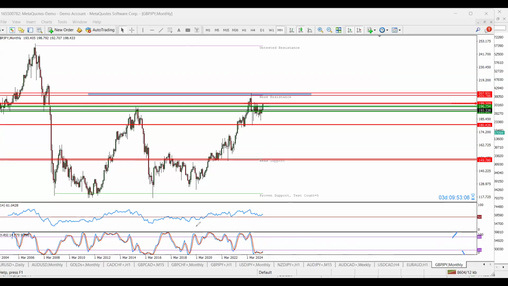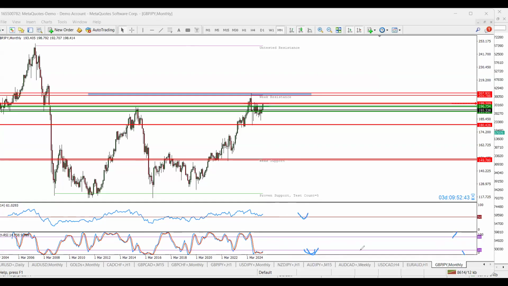Currently, on the monthly time frame, price is in the oversold region. Price has gone into that region and there has been a cross to the upside on the stochastic RSI, and on the RSI, price is also facing upwards.